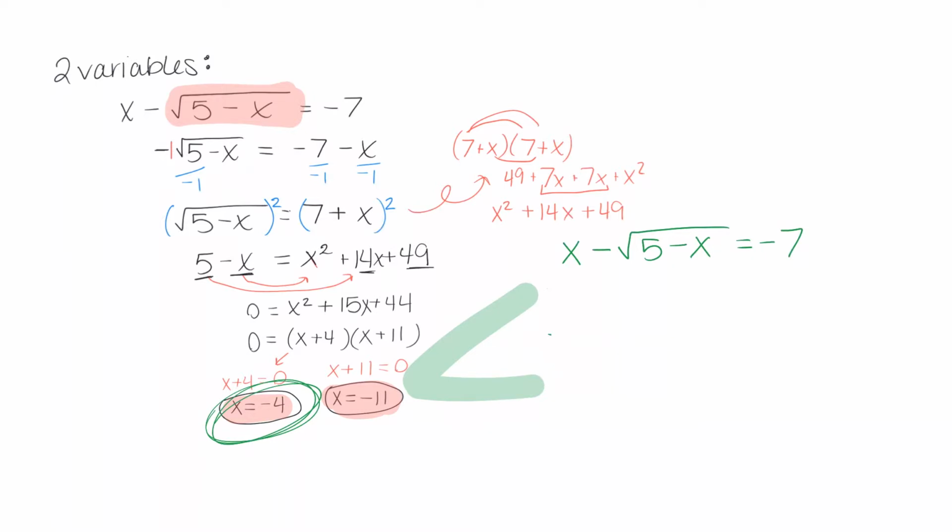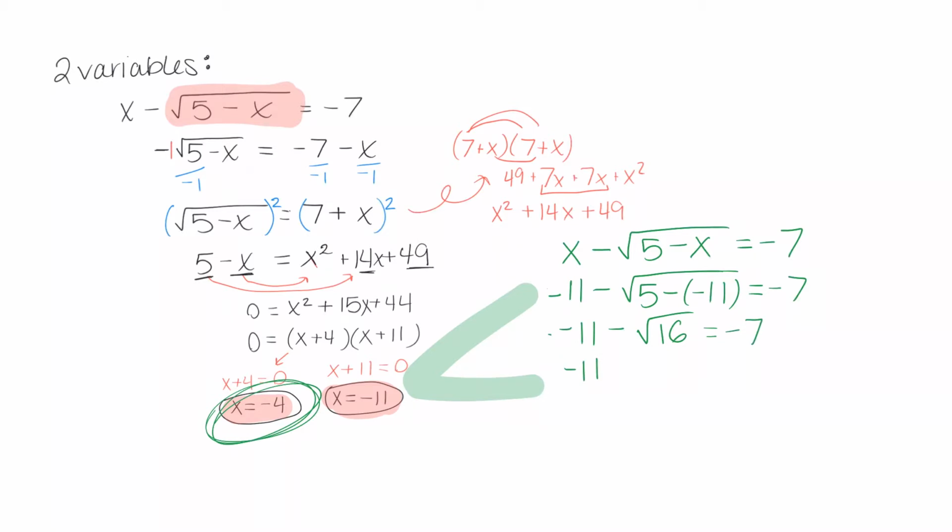So I'm going to plug negative 11 in this time. Negative 11 minus the square root of 5 minus negative 11 equals negative 7. Negative 11 minus the square root of 5 plus 11, which is 16. So the square root of 16 equals negative 7.